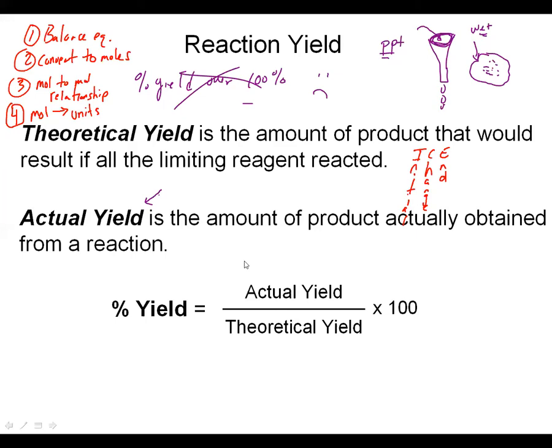To calculate the percent yield, we take the actual divided by the theoretical times 100. We would like the percent yield to be near 100, and closer to 0 is not so good. All right, any questions on that stuff before we continue?